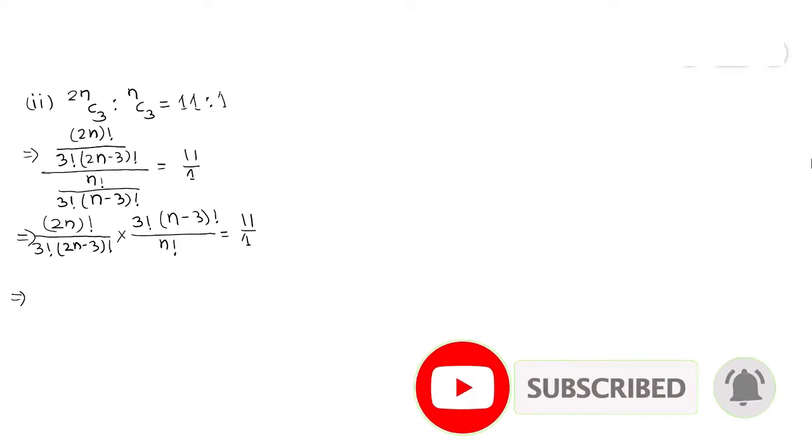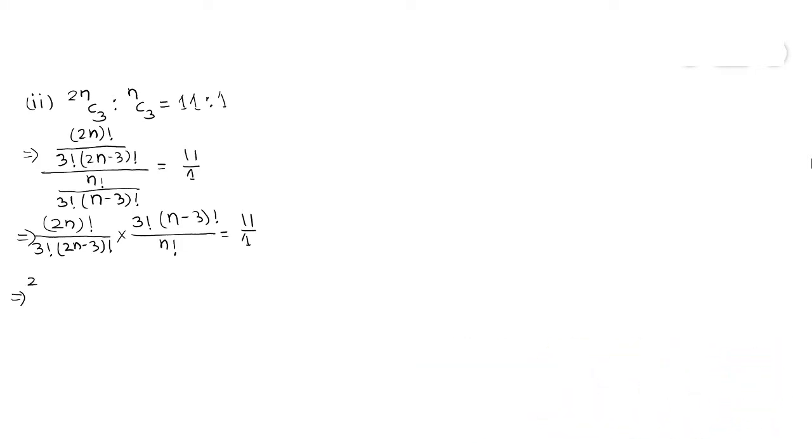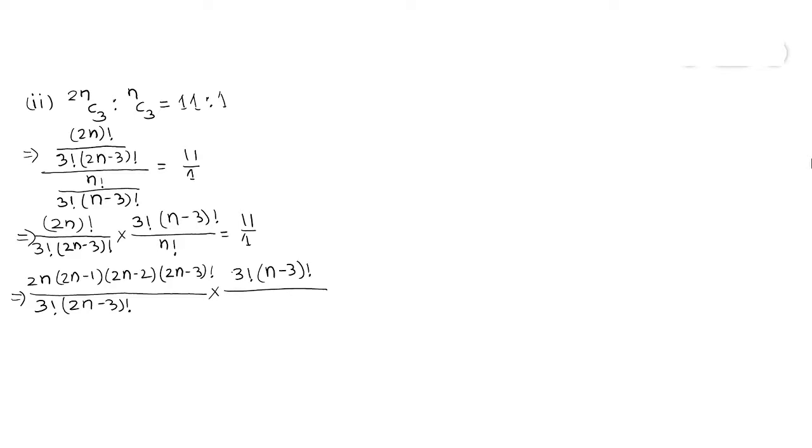This gives us 2n factorial can be written as 2n into 2n minus 1 into 2n minus 2 into 2n minus 3 factorial upon 3 factorial into 2n minus 3 factorial, multiplied by 3 factorial into n minus 3 factorial upon n factorial, which can be written as n into n minus 1 into n minus 2 into n minus 3 factorial, equal to 11 upon 1.